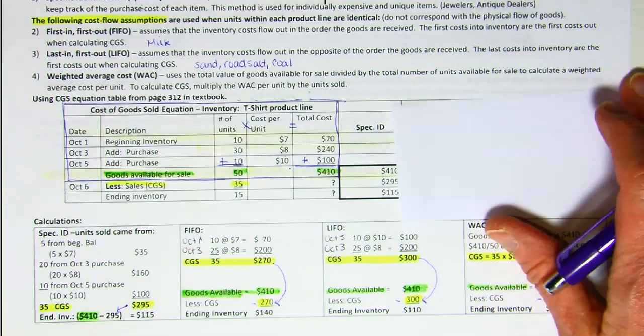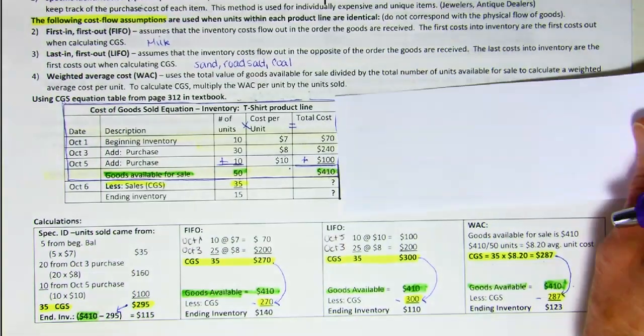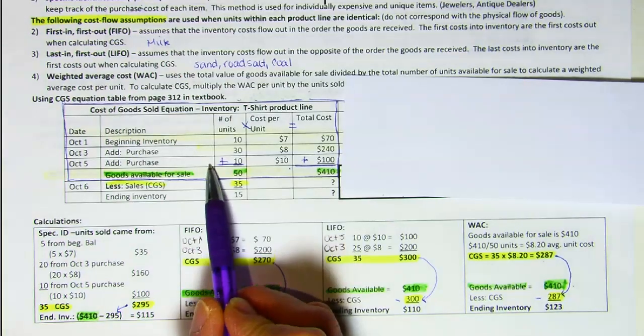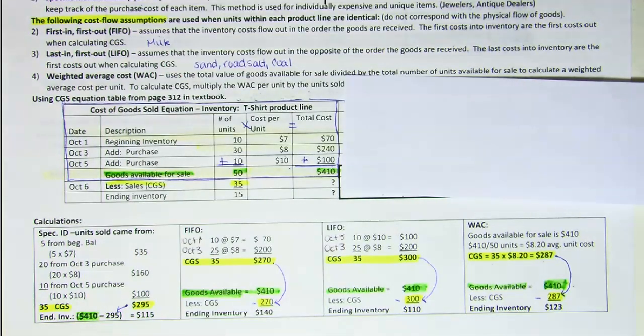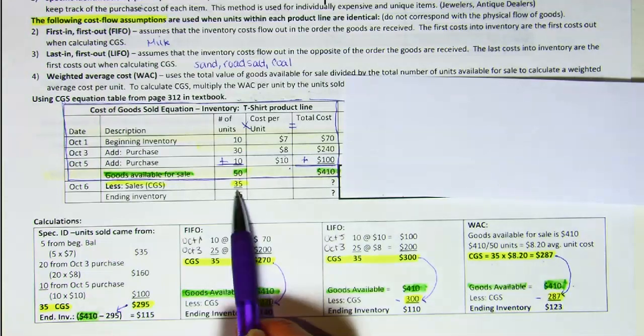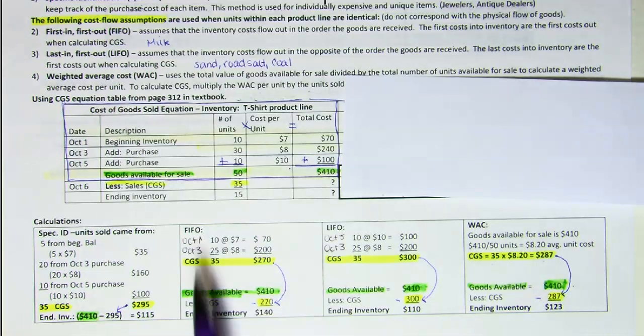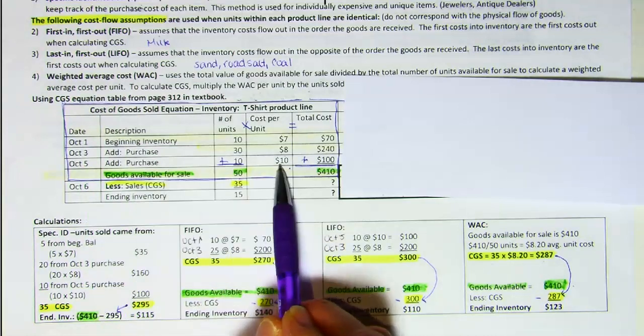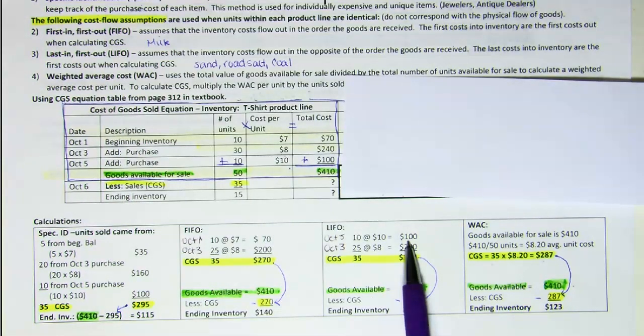The next method is the LIFO method. And with this method, it's the opposite of FIFO. We sell from the last goods we bought and work backwards. So if we sold 35 units, then we sold the October 5th purchase first. 10 units at $10 a piece is $100.